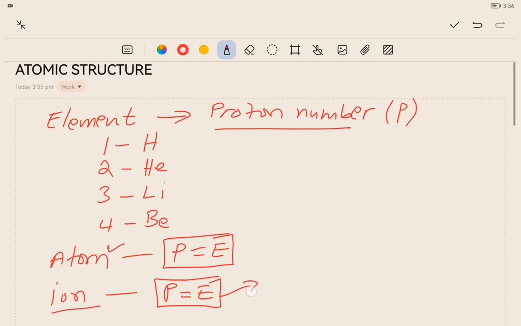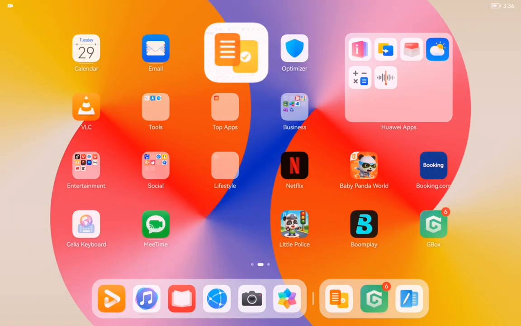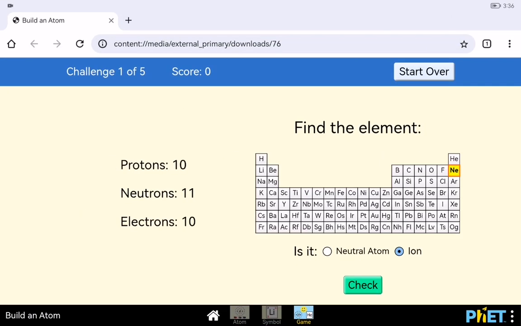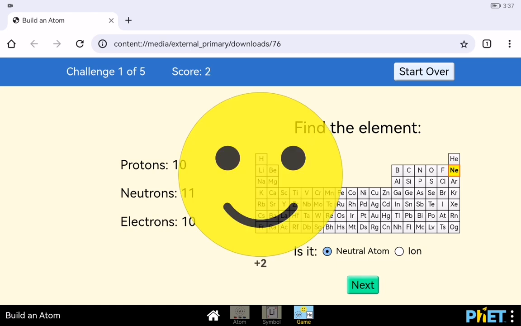An ion can be in form of a cation, which is positively charged, or it can be in form of an anion, which is a negatively charged particle. In this case, the proton number is 10 and the electron number is 10. Therefore, this is a neutral atom. So we can check, and the answer is correct.